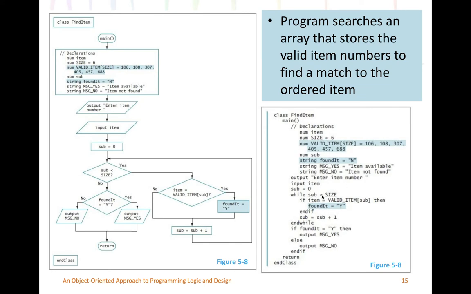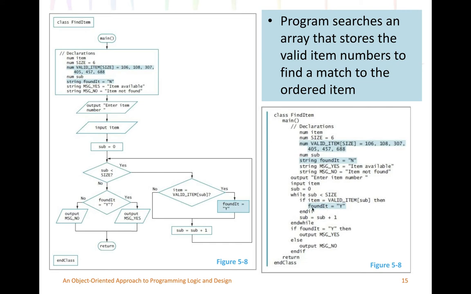So as long as sub is less than size, we're going to ask if what was input, remember item was input by the user, is equal to the value in the array at that subscript. Right now it's at 0. So valid item the first time through is sitting at 106. So whatever was entered, is it equal to 106?